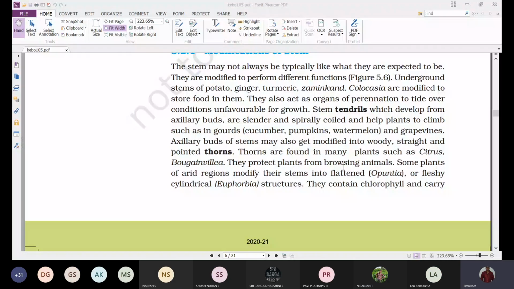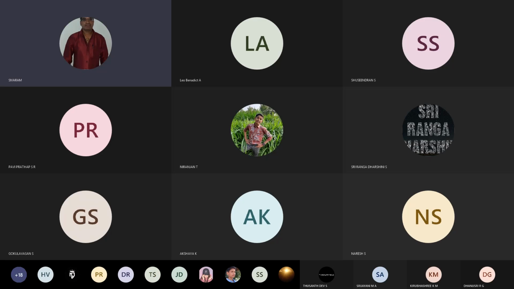And in the case of Jamaican and Colocasia, here also the underground part of the stem becomes swollen due to the storage of food material.